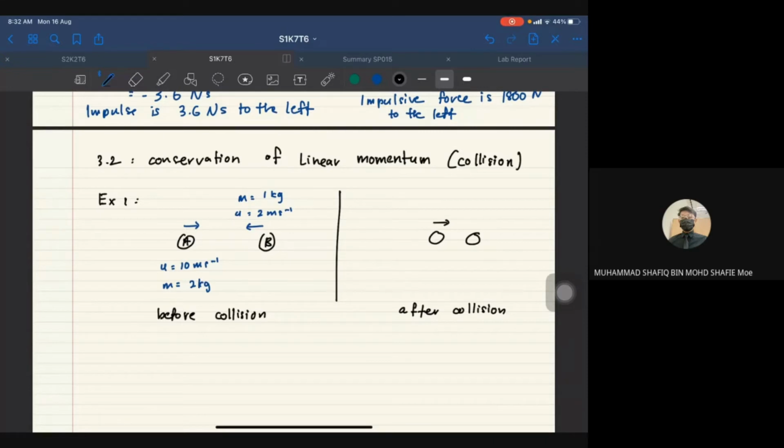So let's say final U is equals to, sorry, V, now it's V. This is object A, this is object B. And the question want to find the velocity of B, sorry.